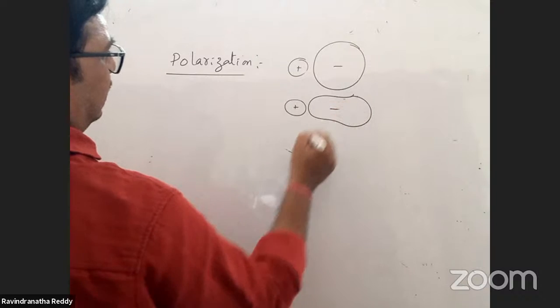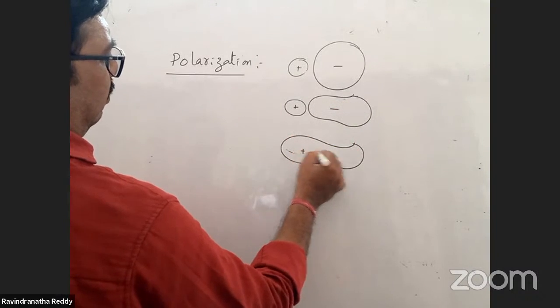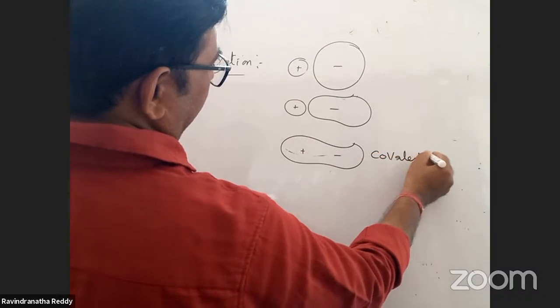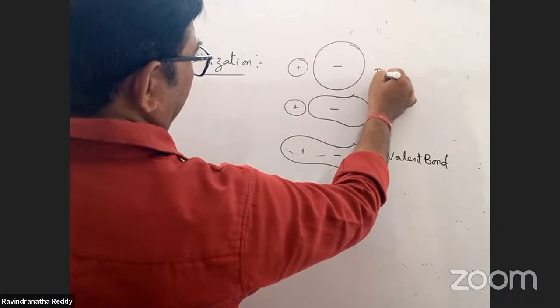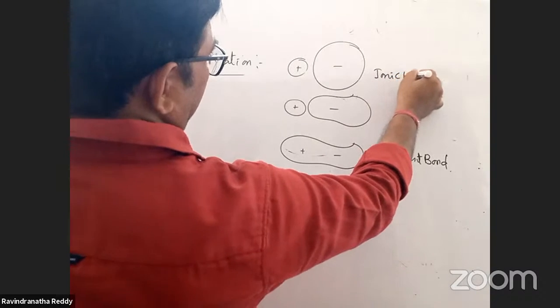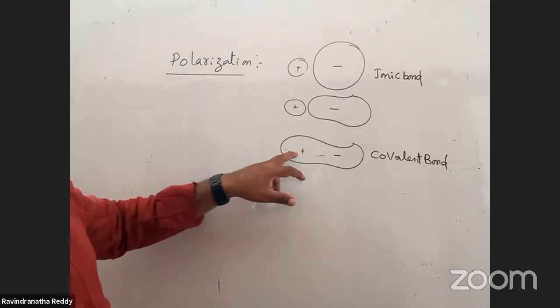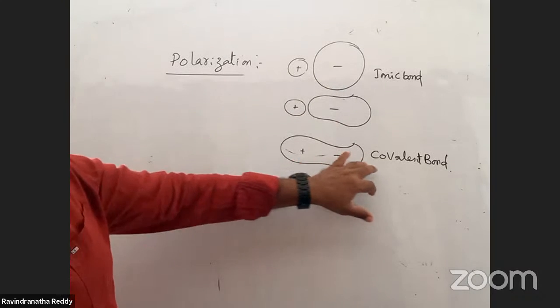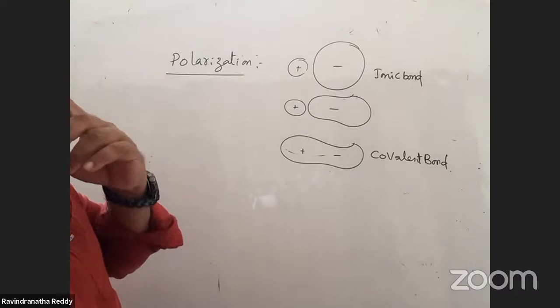So we get this type of structure, which is covalent bond formation. Otherwise it is ionic bond formation. When cation size is very small and anion size very big, covalent bond forms; that is called Fajan's rule.